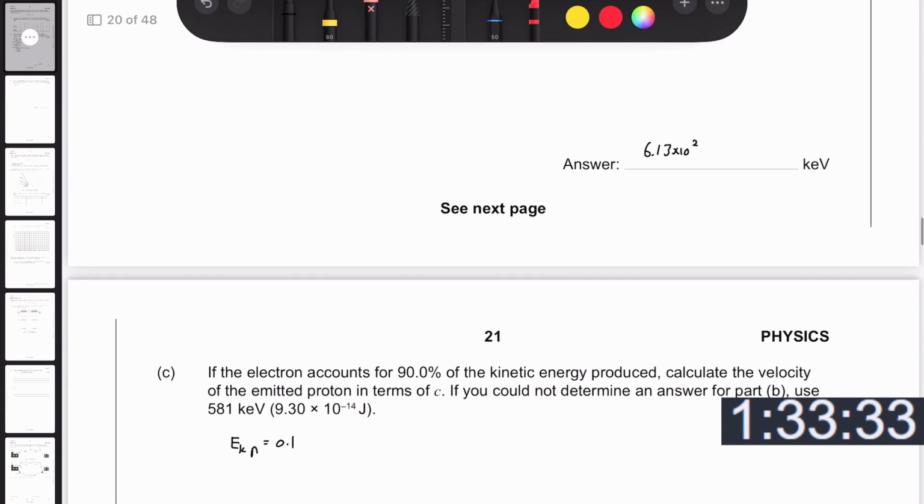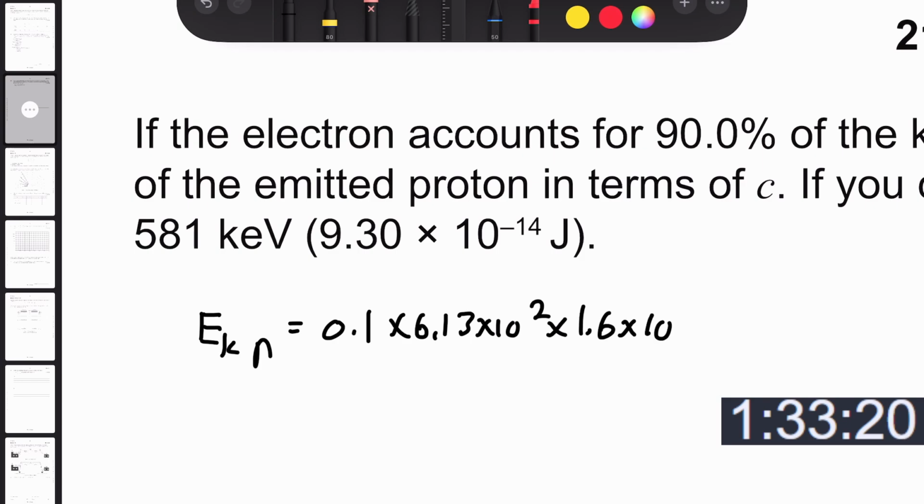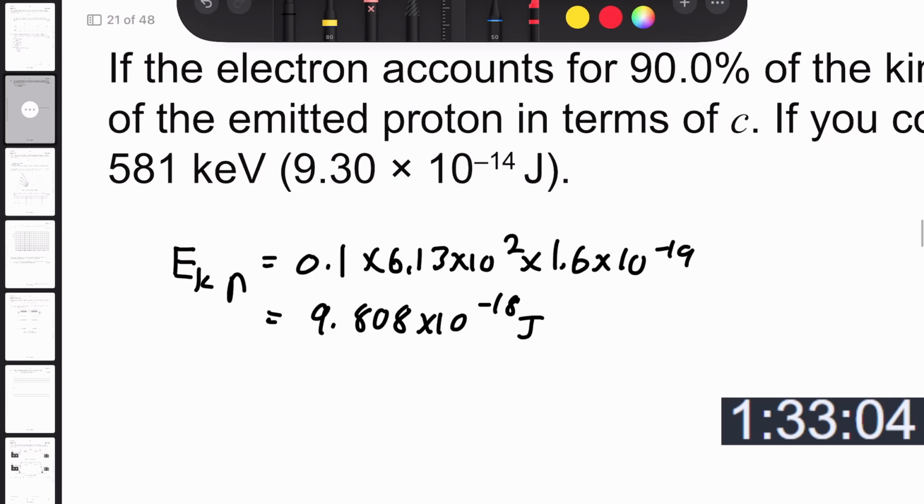So it's going to be 6.13 times 10 to the 2, times 1.6 times 10 to the negative 19. So this is 9.808 times 10 to the negative 18 joules.